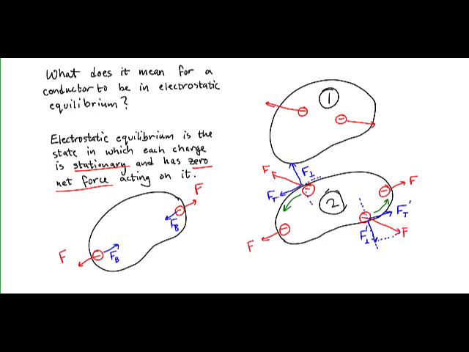In diagram 2, the binding force will be taken to be perpendicular to the surface. And in this diagram, which I'll label as diagram 3, the binding force is perpendicular to the surface. And so we are in electrostatic equilibrium.